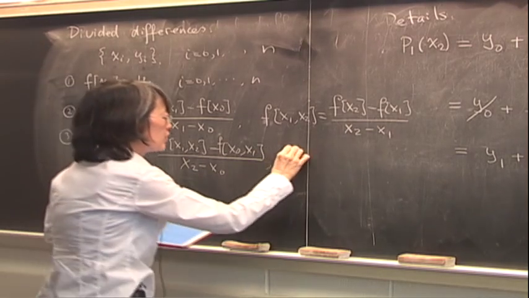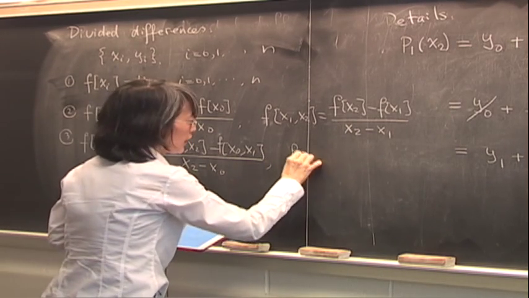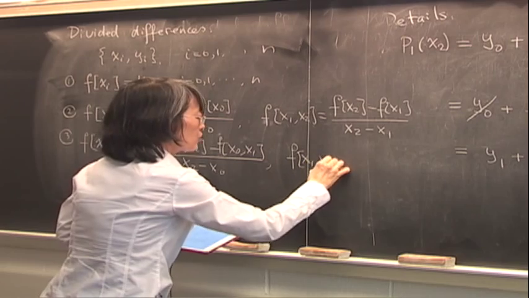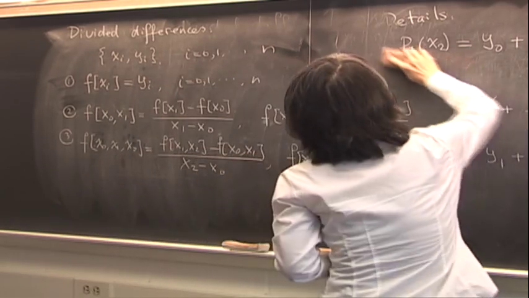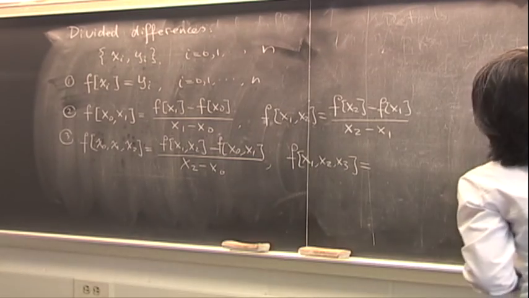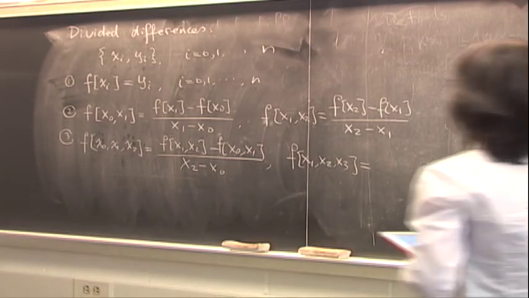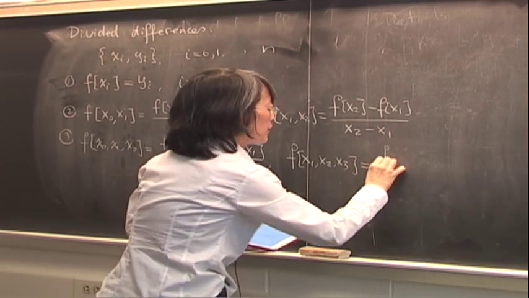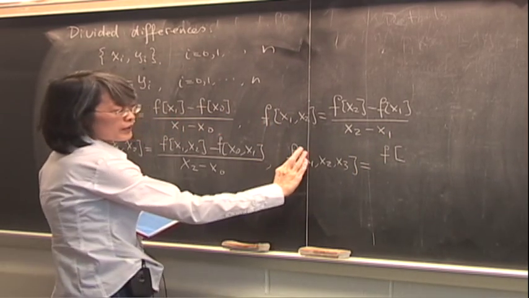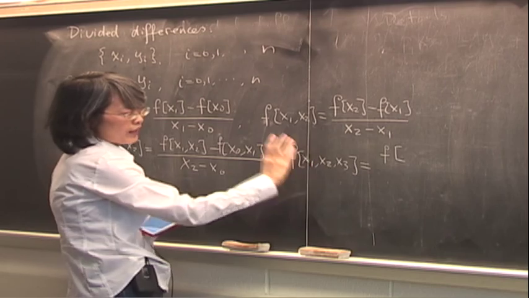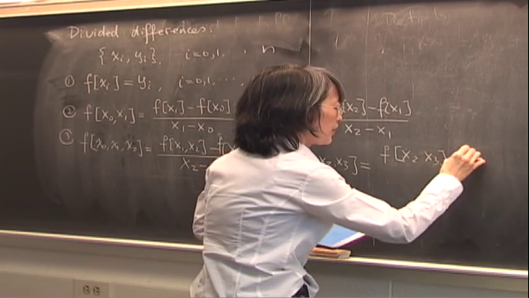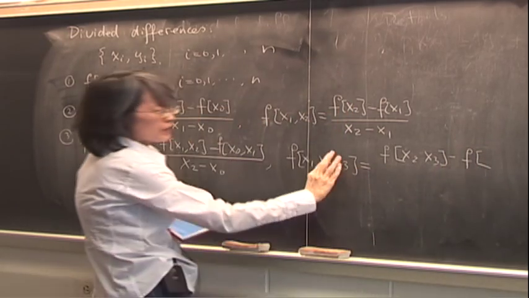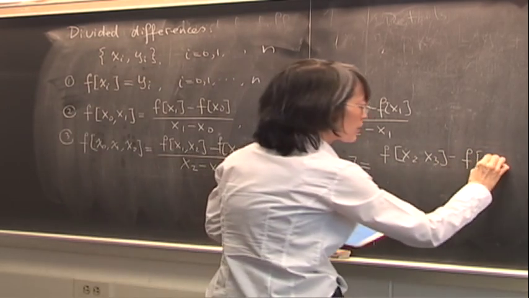Let's do one more just to make it clear. What if I have x1, x2, x3? I will have f, taking away the first number, I get x2, x3, minus f, and then I take away the last one, I get x1, x2.